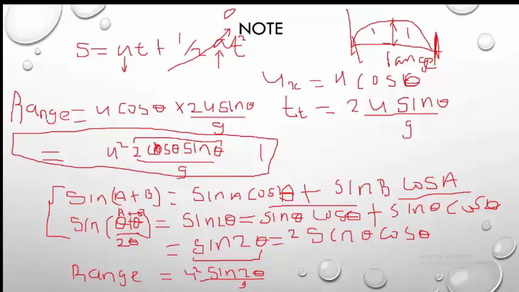Why we are trying to implement this identity is so that we can have this 2 theta. If you look at this, when sine 2 theta is equal to 1, then we have the maximum range. And when will this be possible? When 2 theta is equal to 90.